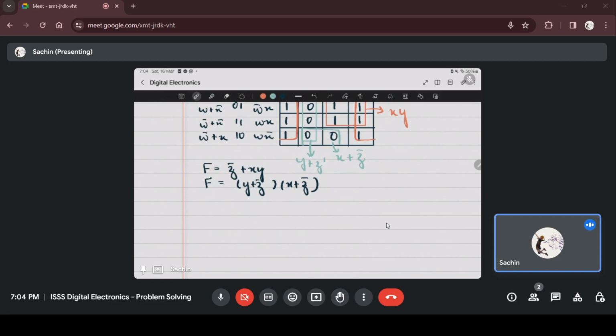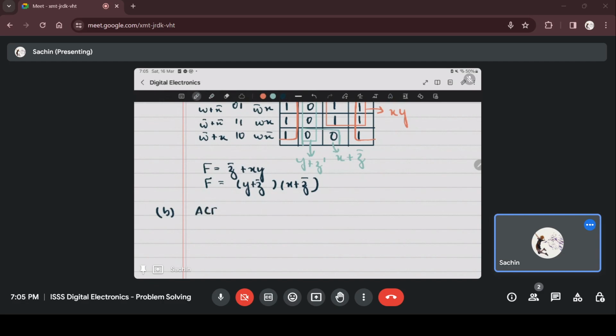So those are the same expression, except that one is in sum of products form and the other is in product of sums form. That is part A. We'll go to part B.